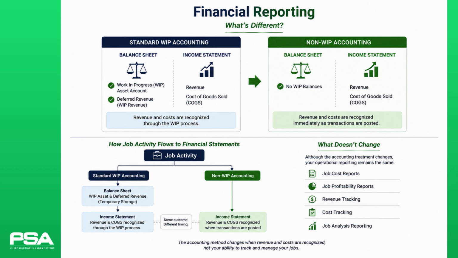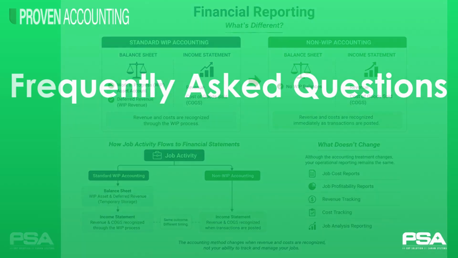Whether your company uses a standard WIP, the completed job method, or the non-WIP versions of accounting, Proven Jobs continues to capture the same operational data. The accounting method only changes how activity is reflected in your financial statements. Your visibility into job performance remains unchanged.